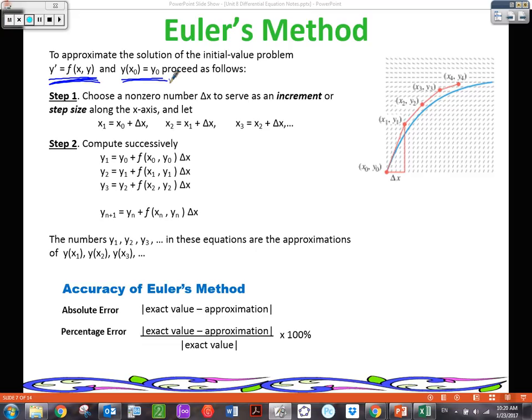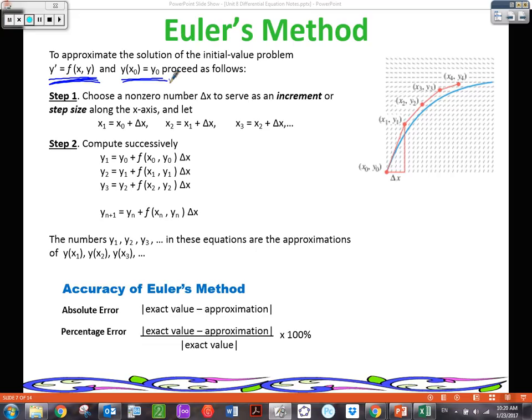So the purpose of Euler's method is another way to approximate a function. If you recall, Friday we learned how to do slope fields, and slope fields approximate the solution graphically. We could look at what the solution would look like graphically.